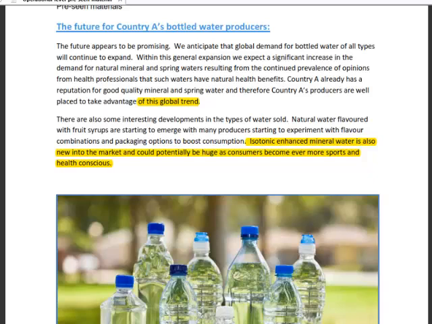We've also got to look, there is a new product in the market called isotonic enhanced mineral water, and many producers are now starting to experiment with this, and this could be a huge potential as consumers become ever more sports conscious.